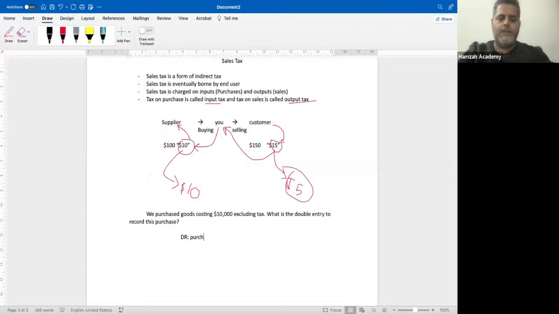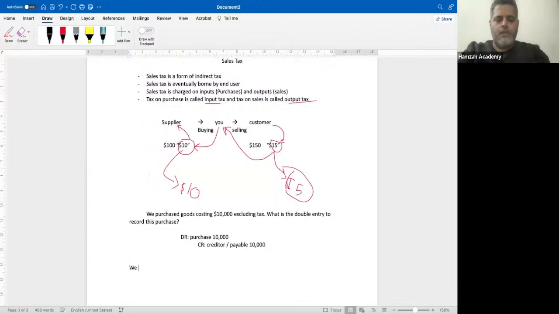We are going to debit the purchase with 10,000. We are going to credit the creditor or payable with 10,000, nothing more. Right? So we purchase the goods costing 10,000 excluding tax. What's the double entry to record the purchase? We are simply going to debit the purchase. We are going to credit the payables of the creditor with the 10,000, right? No fancy entry. Simple. This is what we have been doing so far.